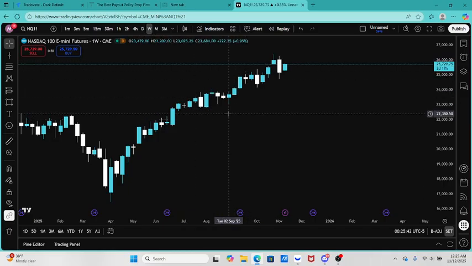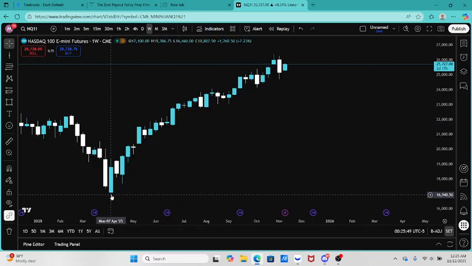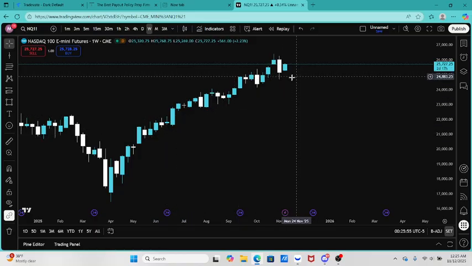So I start out on the higher time frame, gauge what direction the market's going. It's obviously been going up since April, pretty much just straight up.